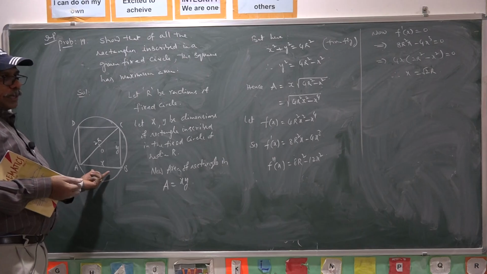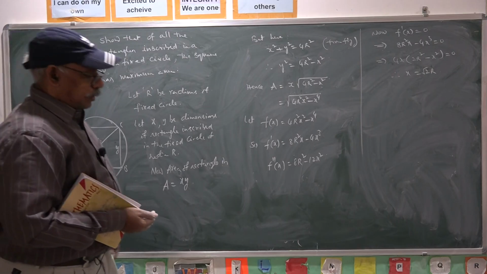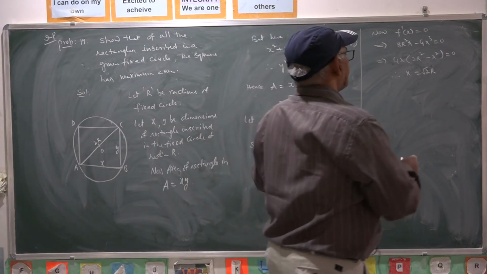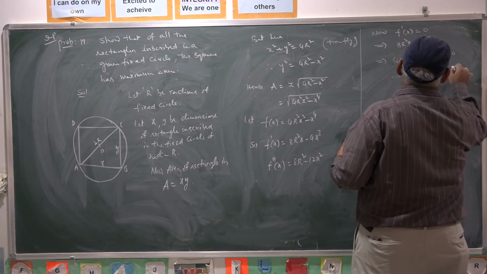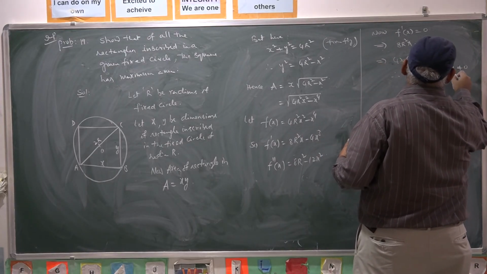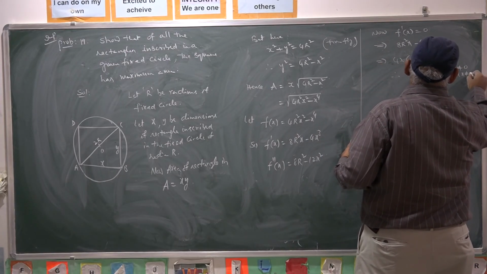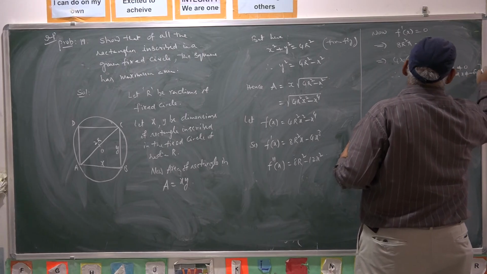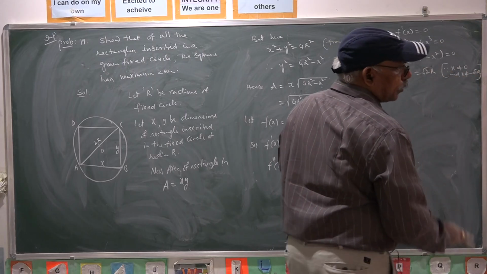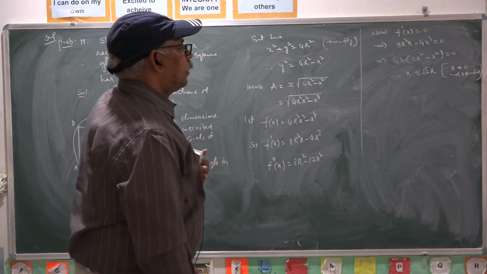The length of the rectangle cannot be 0. Hence, since x is not equal to 0 and x is not negative also, x equal to root 2r only is considered here.